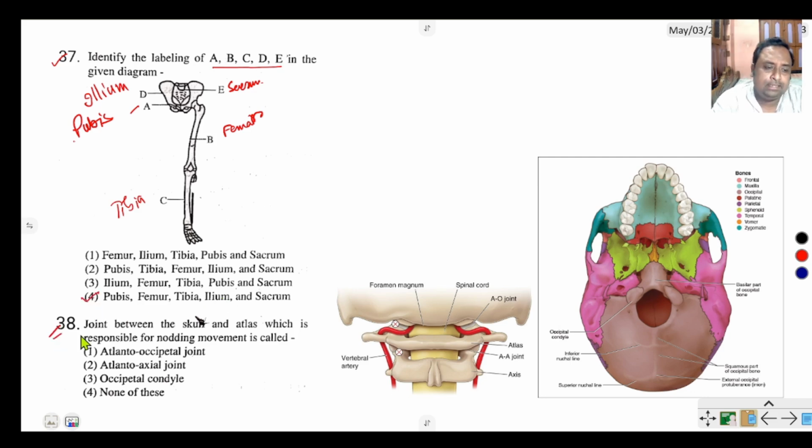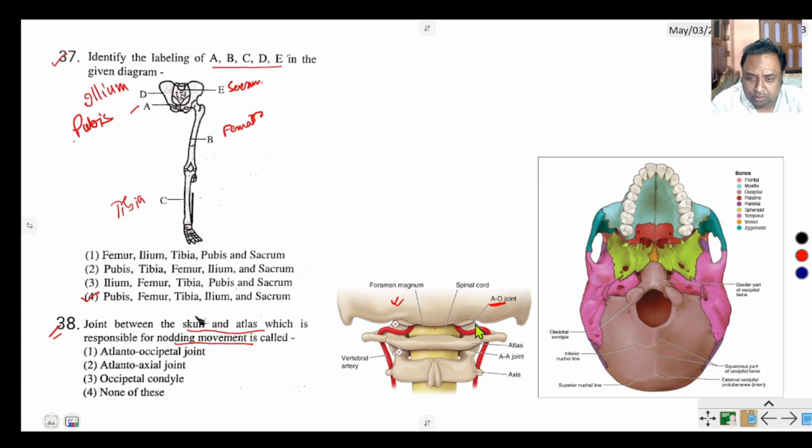Question number 38 says, the joint between the skull and the atlas, which is responsible for nodding movement, is called. This is the skull and this is the atlas.